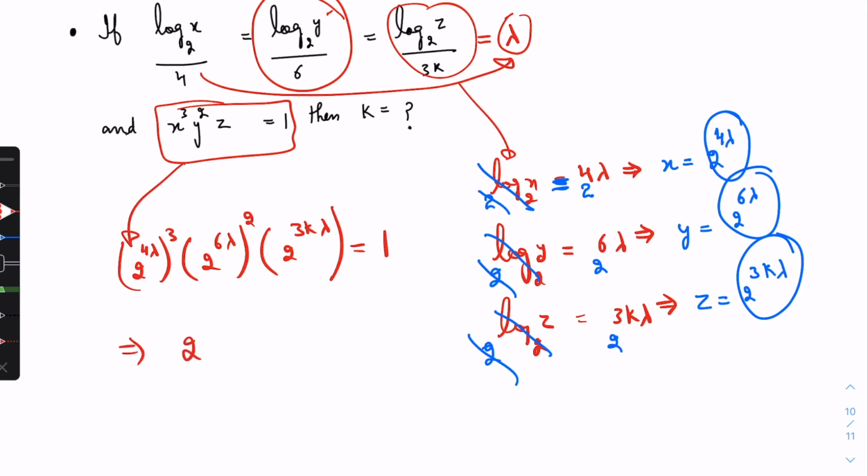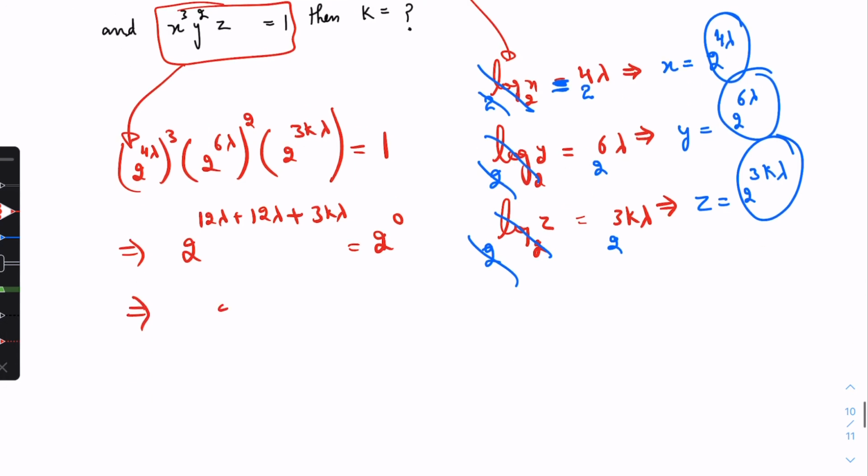So this is going to be 12 lambda plus another 12 lambda from here plus 3k lambda, that is 1. And since 1 is just 2 power 0, 2 is a valid base. So just equating the powers, 24 lambda plus 3k lambda should be 0. If I pull out lambda, I get 24 plus 3k, that should be 0.